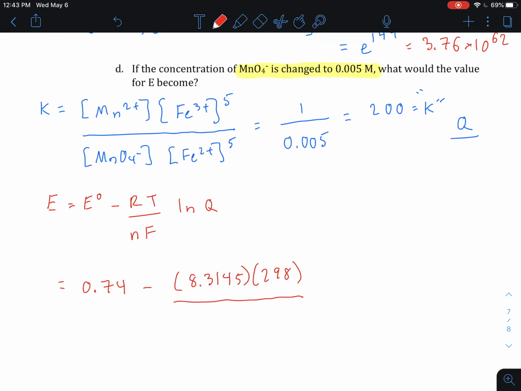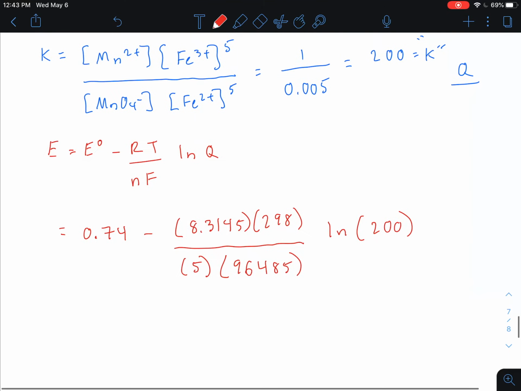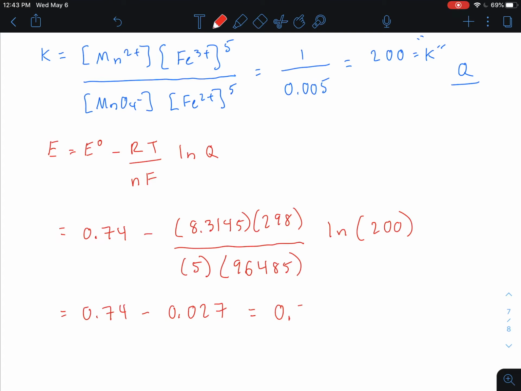And then for everything else here, 8.3145 times 298. Remember that n value is still 5 for the moles of electrons on each side of the reaction, times Faraday's constant, the charge on a mole of electrons. And this will become the natural log of 200.